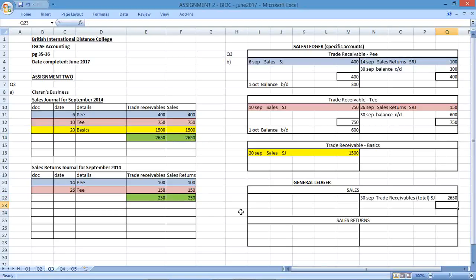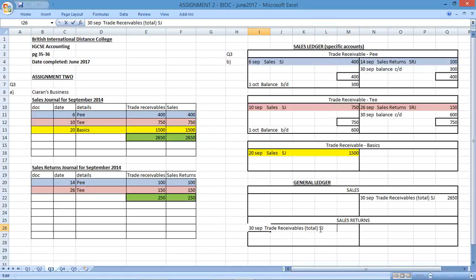Then I've got a sale return. A sale return will be viewed as almost like an expense because it's the opposite of a sale. Sale is income, so it'll have a credit balance, and then for the sale return I will have a debit balance, and this would have been trade receivables total.